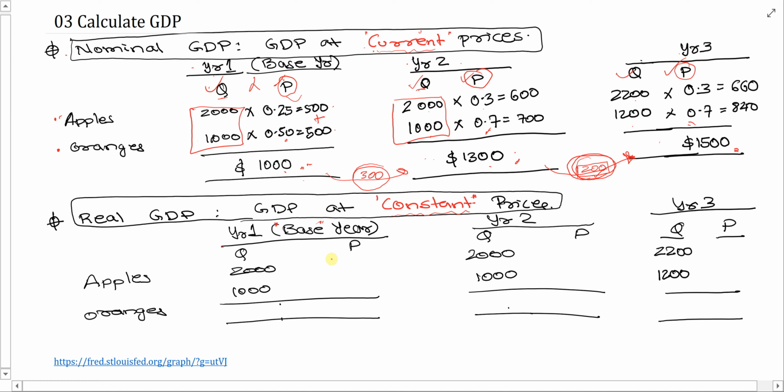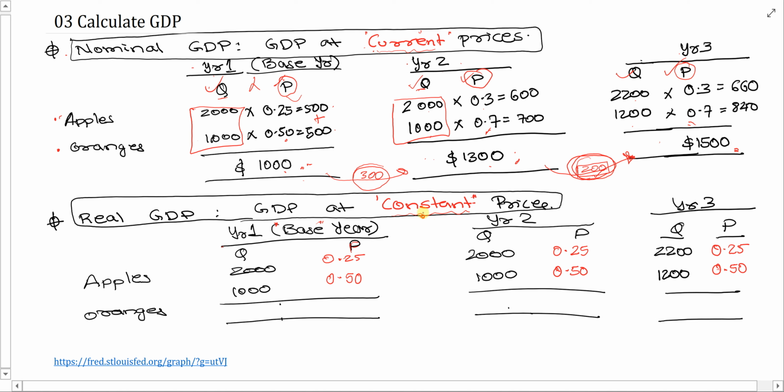So in the base year, the prices of apples and oranges were 25 cents and 50 cents respectively, right? And you use the exact same prices, kept constant, to value the apples and oranges for all the years moving forward. So in all the years moving forward, we value every single apple at 25 cents and every single orange at 50 cents.